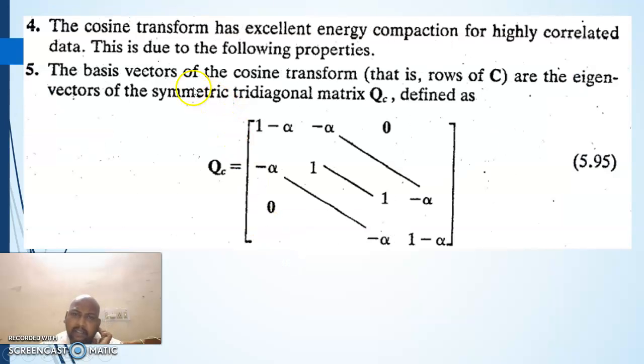Next, the basis vectors obtained from the cosine transform basis functions are all symmetric in nature. So these are the things we wanted to discuss: the 1D transformation function, the 2D transformation function, and the properties of the discrete cosine transform. Thank you.